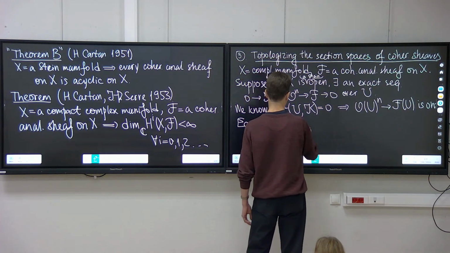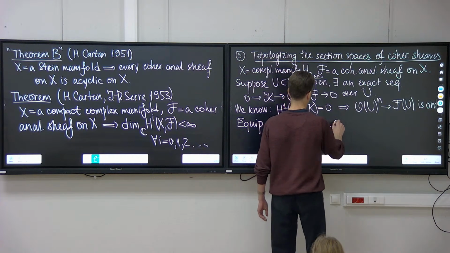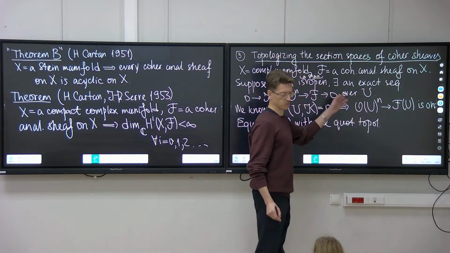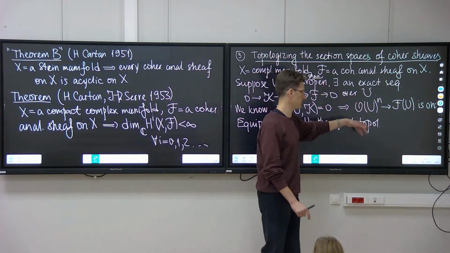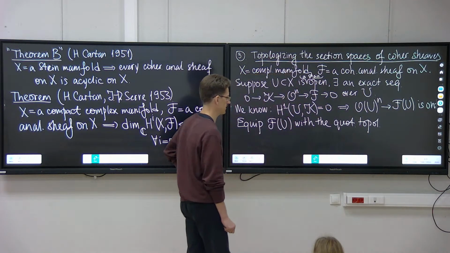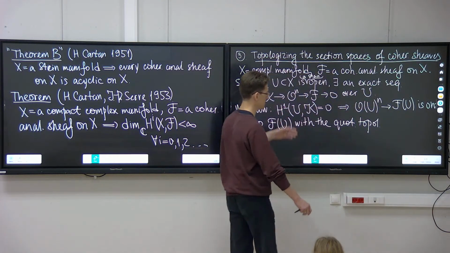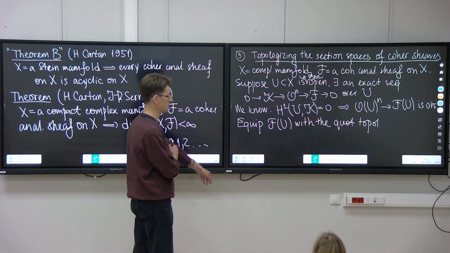O of U is already topologized. This is the space of holomorphic functions. It carries the canonical compact open topology. This is the nth power. It is also topologized, and we equip F of U with the quotient topology.